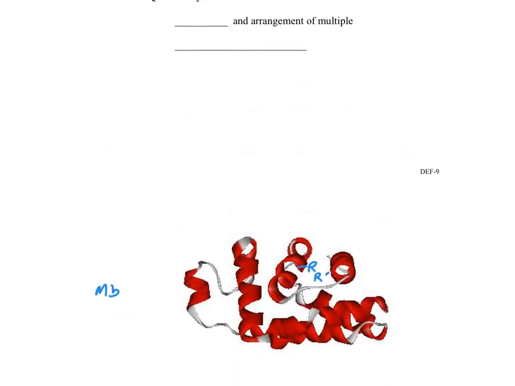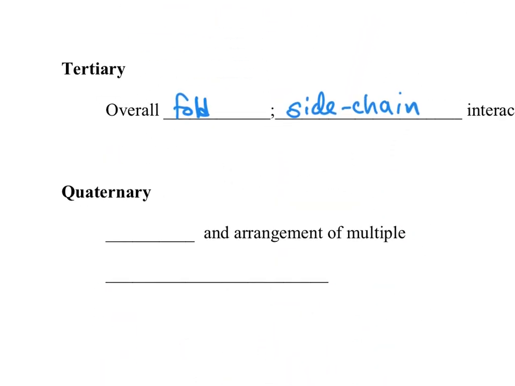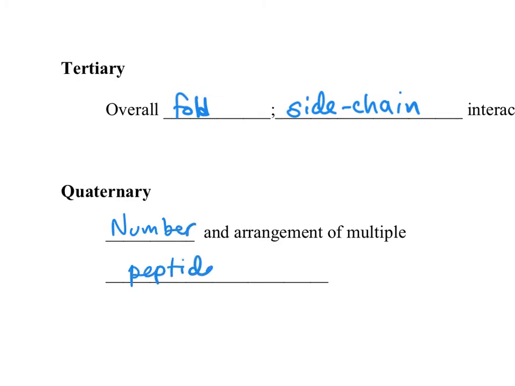So let's go back and talk about the last and highest level of protein structure that we're interested in. This is quaternary structure. And that is the number and arrangement of multiple peptide or protein chains. Notice we've built up from primary to secondary to tertiary and came up with an entire protein fold.